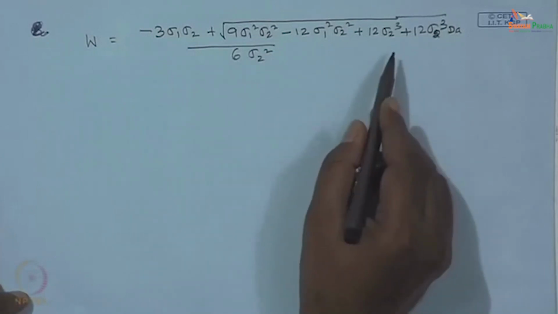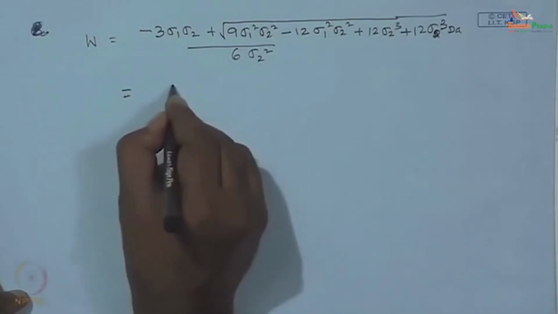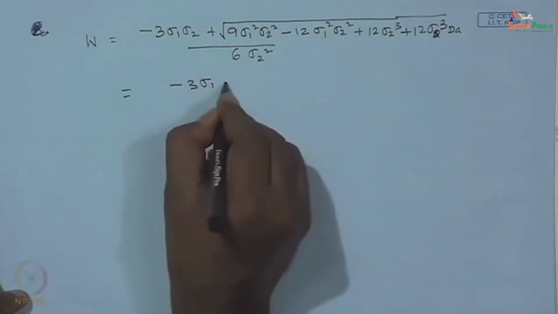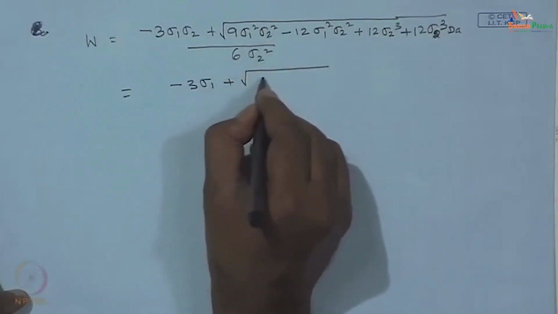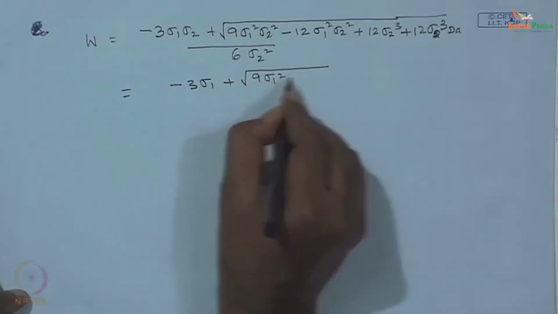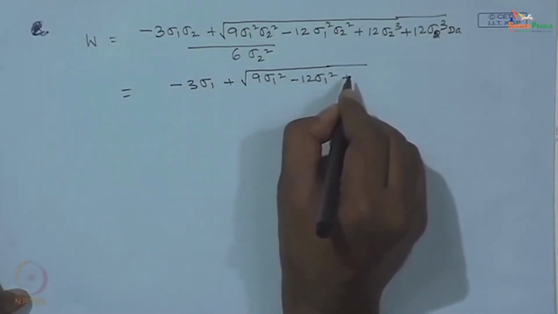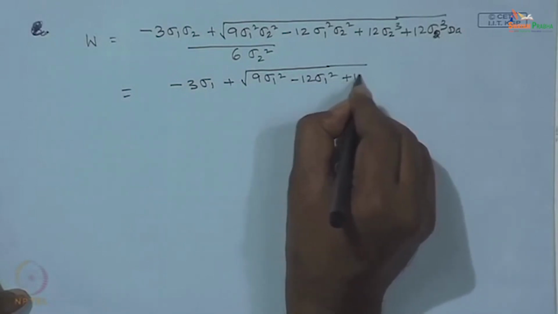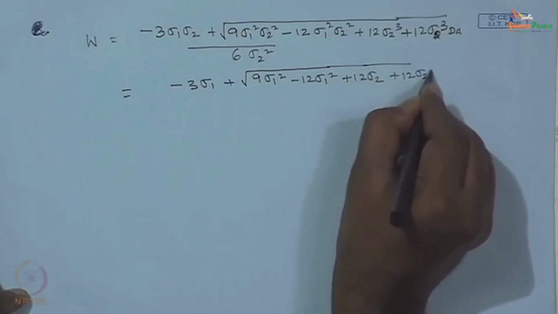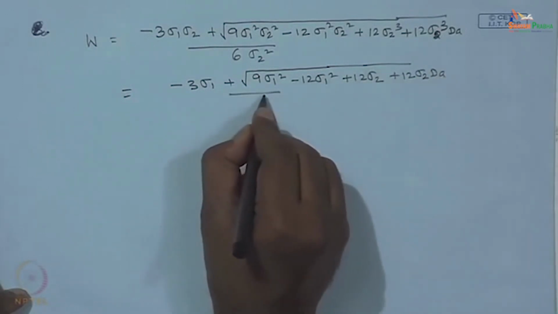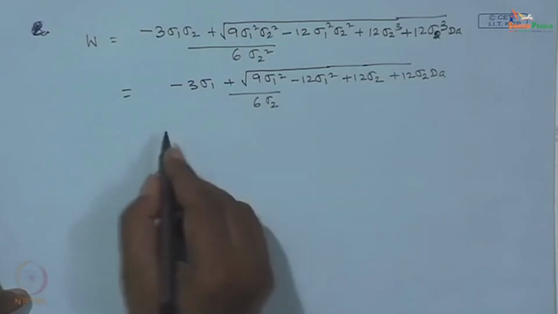In fact, we can take sigma 2 square out of this and that will be cancelling out. So, minus 3 sigma 1 plus root over 9 sigma 1 square minus 12 sigma 1 square plus 12 sigma 2 plus 12 sigma 2 dA, divided by 6 sigma 2, where one sigma 2 will be cancelling out.